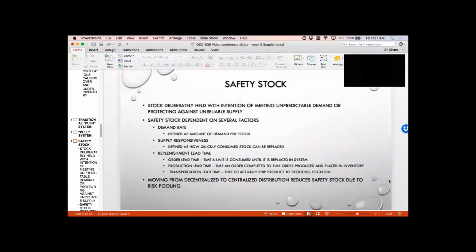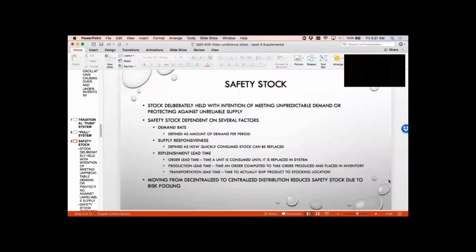Generally, we place our safety stock near the areas where we can address the most variation in the demand or supply.